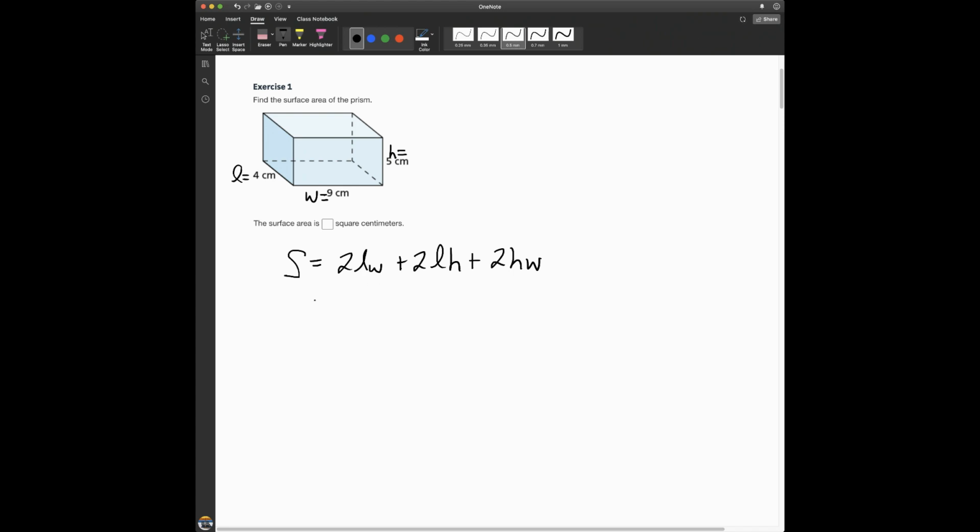All right, now that I've done the labeling, I can go ahead and just put the numbers into the proper spot in the formula. So 2 times 4 times 9 plus 2 times 4 times 5 plus 2 times 5 times 9. And then it's just a matter of doing the math.